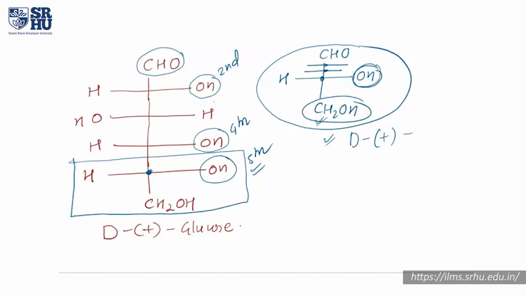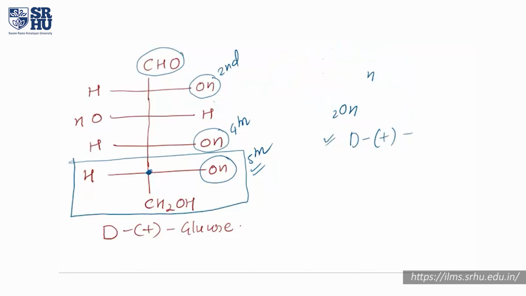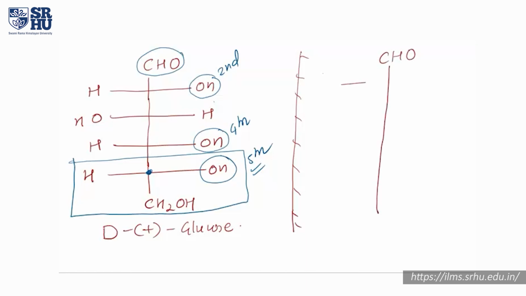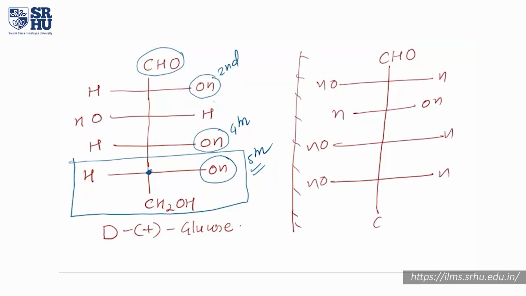Now, if you take the mirror image of this D-glucose, you will see that in the L series the OH will be on the left hand side. So this is H, now this is HOH, now this one is OH, H, and this one is OH and H, and this is CH2OH.